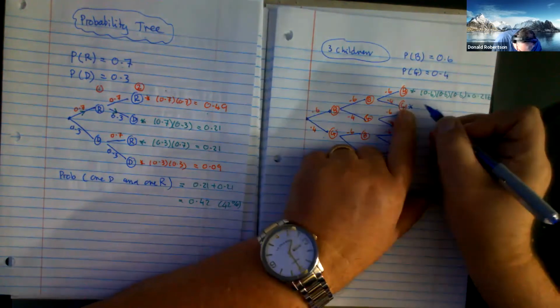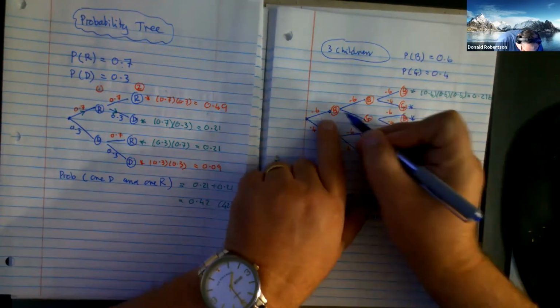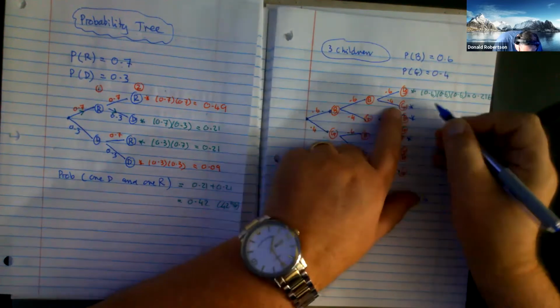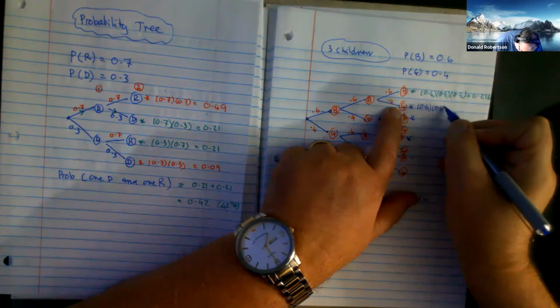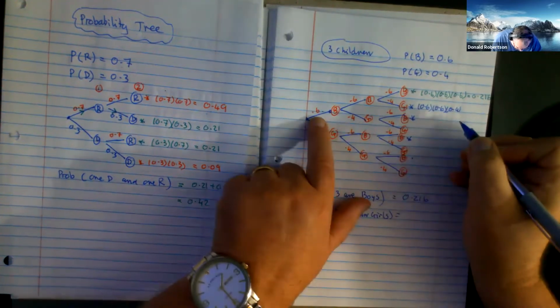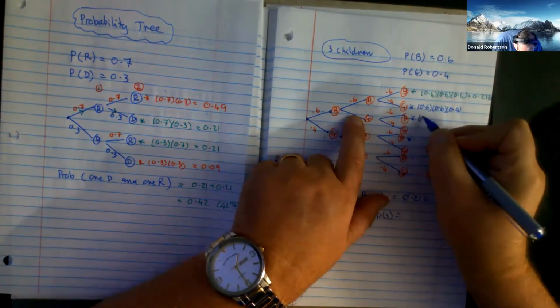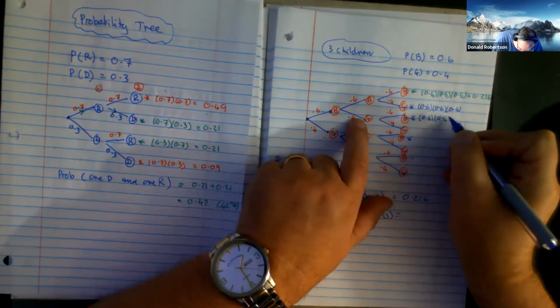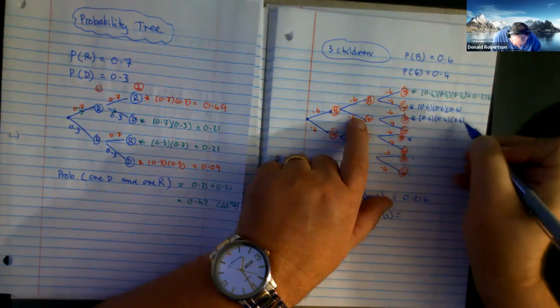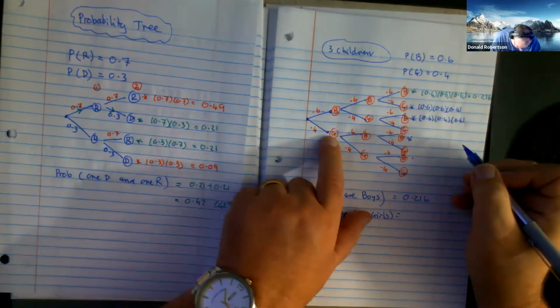And this one is made up of, let's say, 0.6, 0.6, 0.4. This one is 0.6, 0.4, 0.6. And this end one is 0.4, 0.6, 0.6.